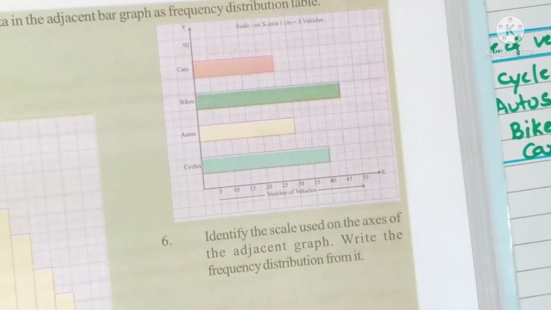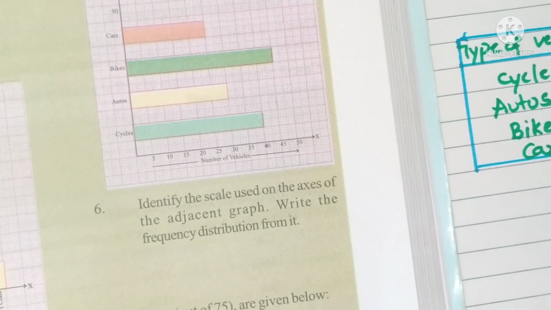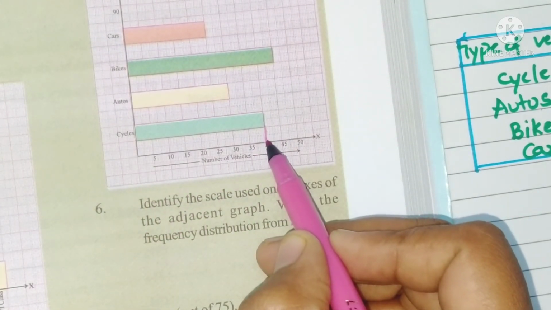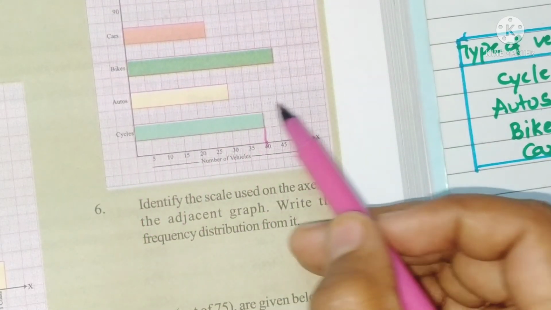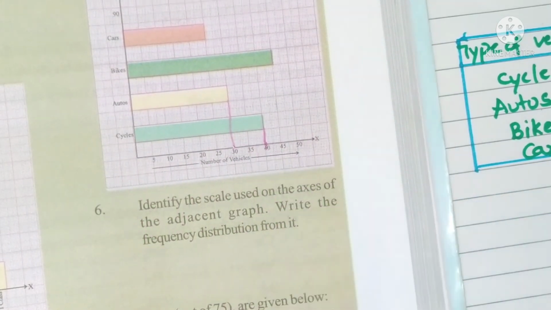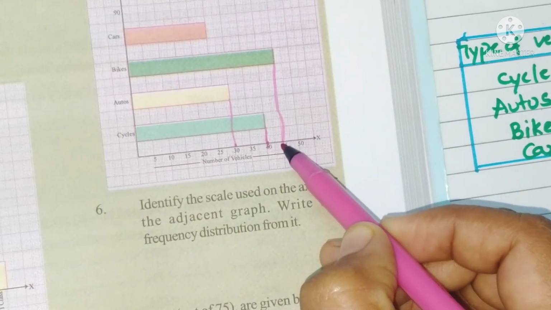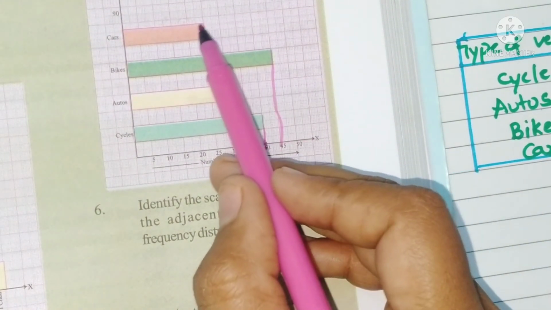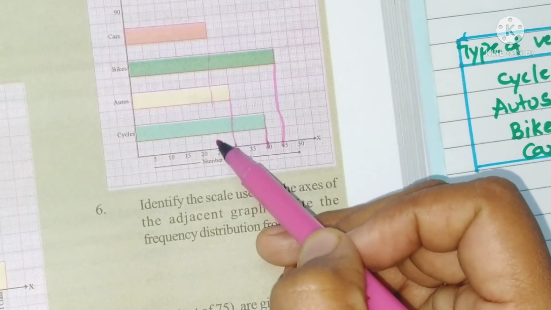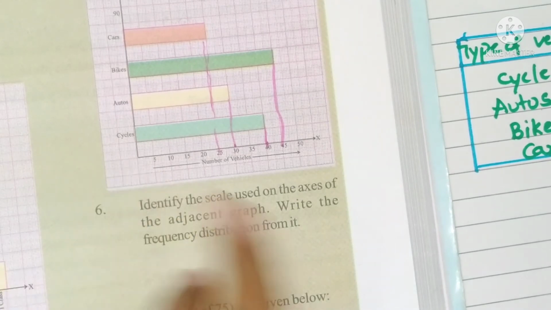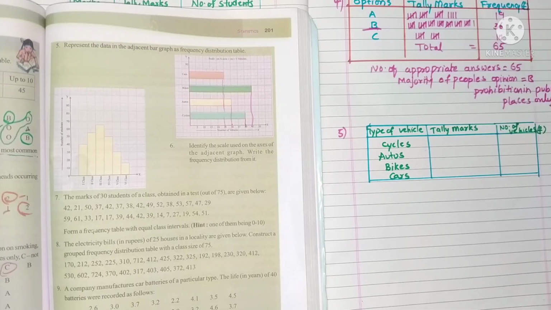Right. No need of counting. Just we can write. So cycles in the graph 40. Next autos, see, it is 30. Next bikes, this 45. And here cars, how much? 25. Okay, just the values we will write in the table.